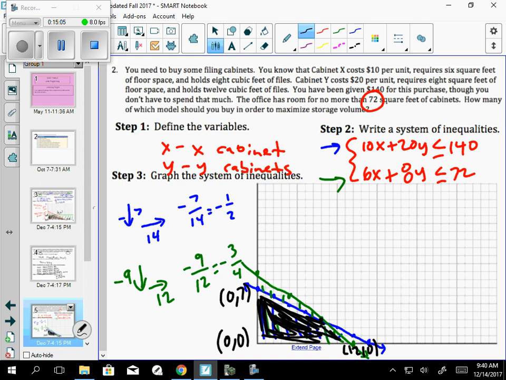And then there's this point right here, which is, if we count over, that is at, looks like 8 over, and it's up 3, so 8,3. All right, so now we got our points there.